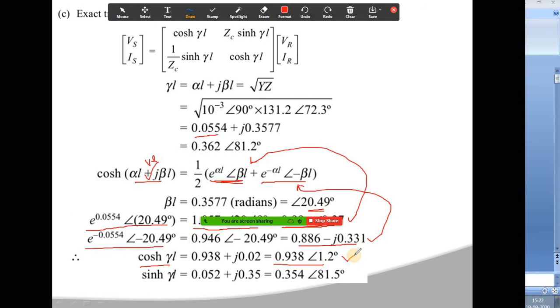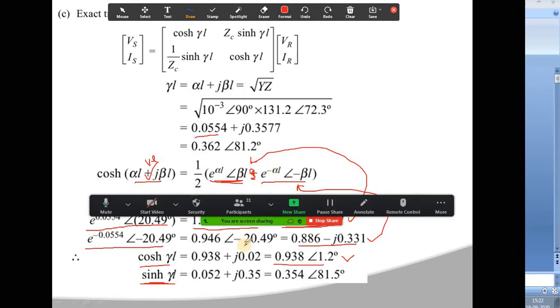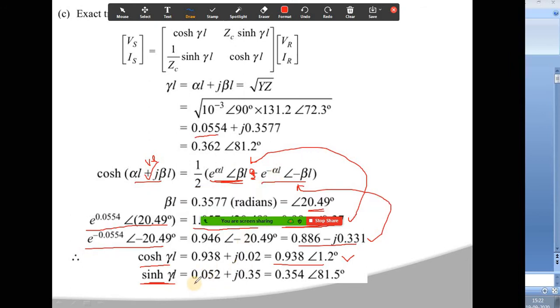In a similar manner you can also calculate the sinh gamma L, which is e power x minus e power minus x by 2. Then the value you are getting for sinh gamma L is 0.052 plus j 0.35. So in polar form this value is 0.354 at an angle of 81.5 degrees.